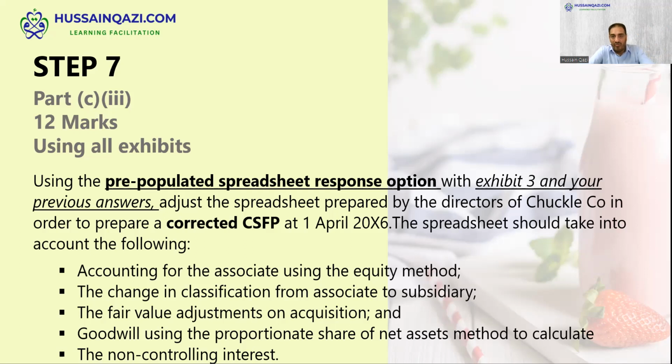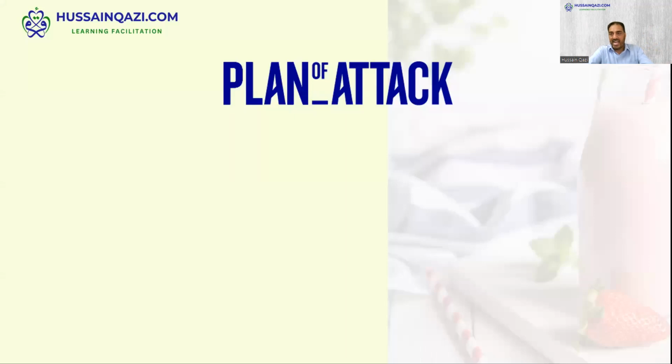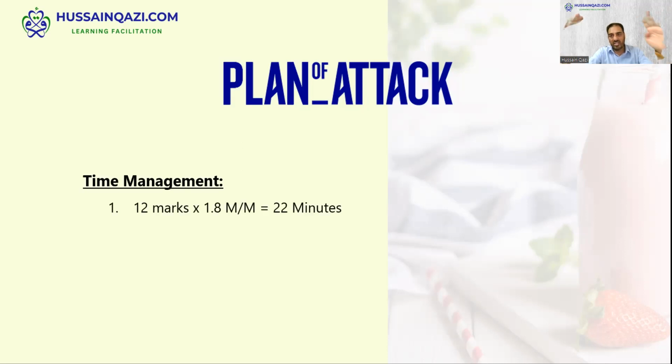So let's move. Number 1, as usual, whether the question is about drafting or about calculation, first make a great plan of attack. Number 1, time management. The rule is still 20/80. 12 marks means you have 22 minutes.